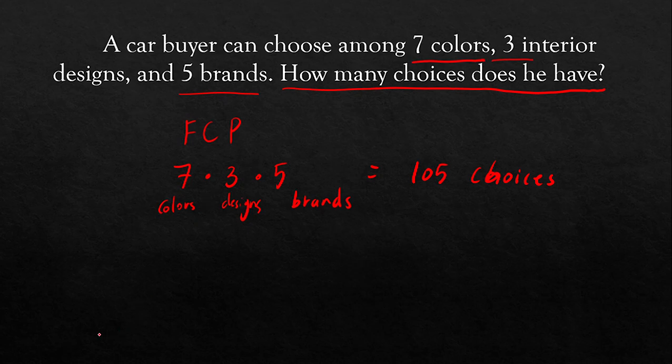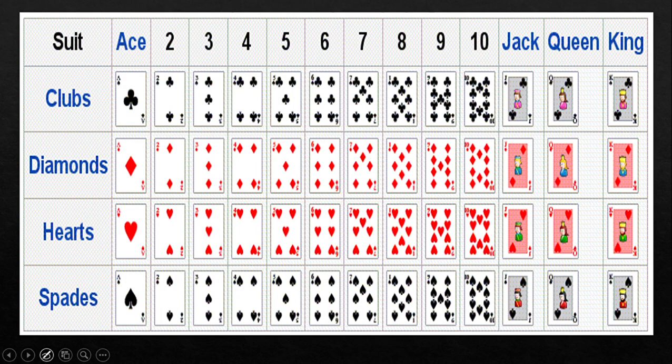Okay, our next example is about drawing a card. Please memorize all the cards in a standard deck of cards. Always remember that we have 4 different suits: clubs, diamonds, hearts, and spades.